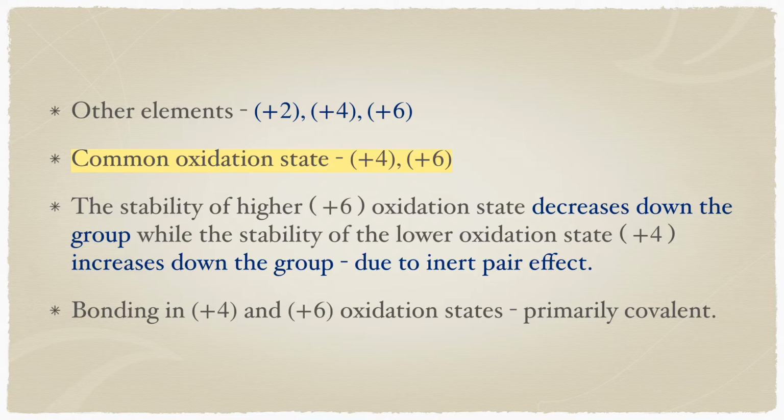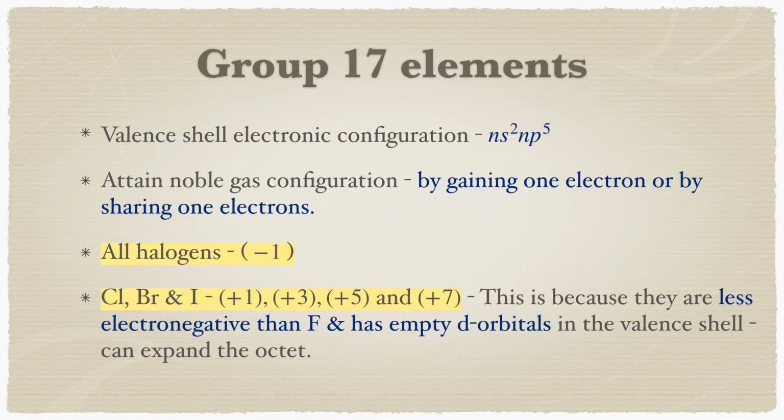So these are all about the oxidation states of group 16. Now we'll move on to the oxidation states of group 17 elements. The valence shell electronic configuration for group 17 elements is ns2np5. So they can attain noble gas configuration by gaining one electron or by sharing one electron.